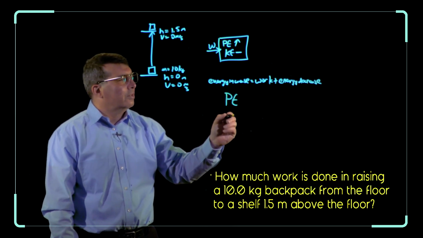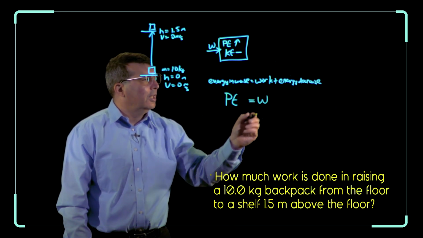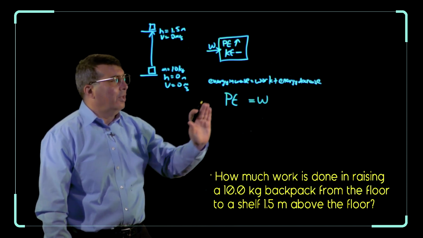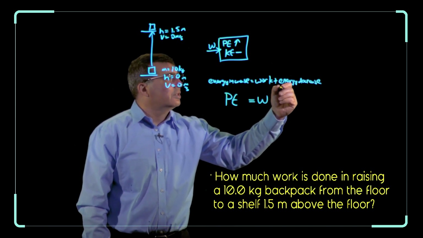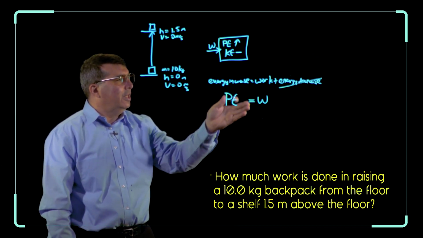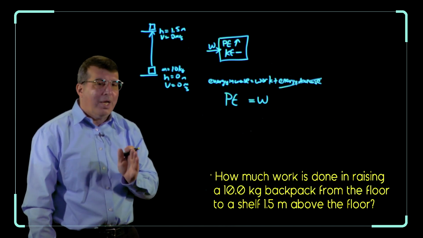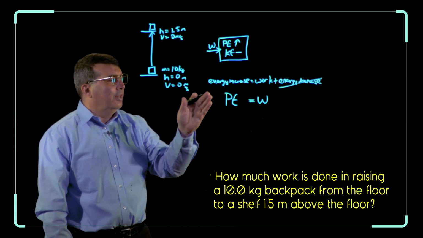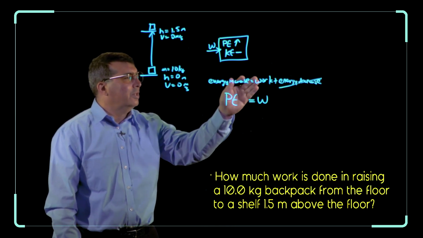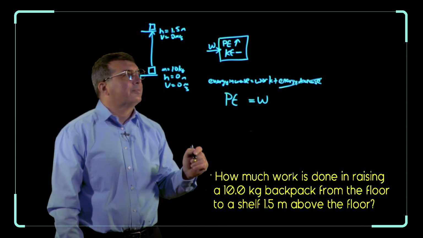So the potential energy is the increase. That's equal to the work done plus the energy decrease. Well, we don't have any energy decrease, so we can just scratch that out. Okay, we have an increase in potential energy and we have work. So that is how we apply our energy principle. The increase in potential energy equals the work done.